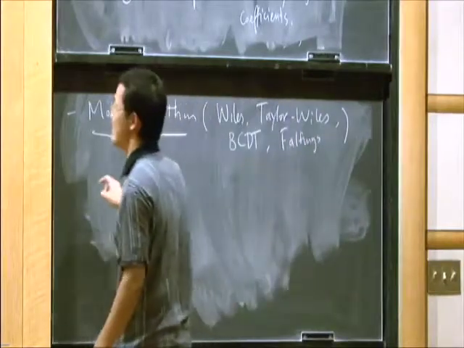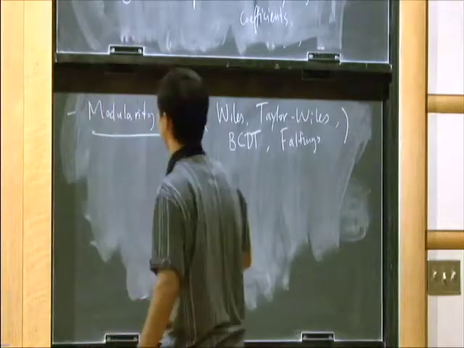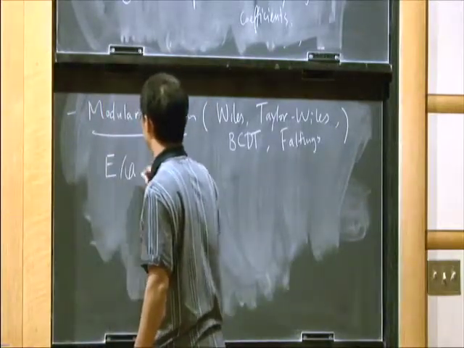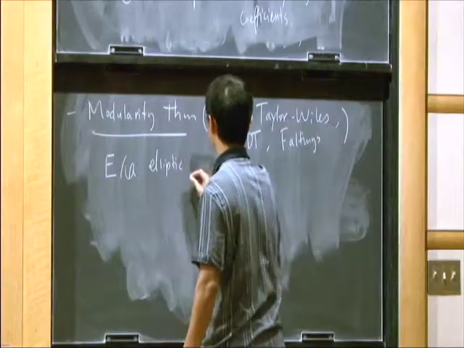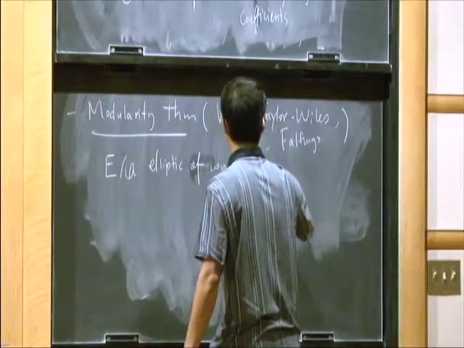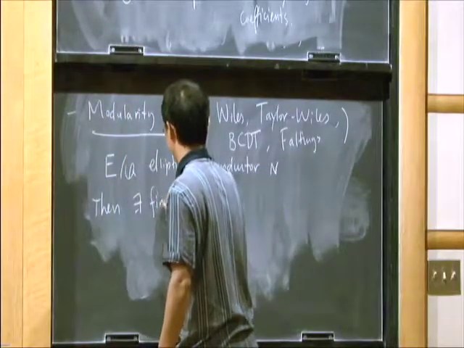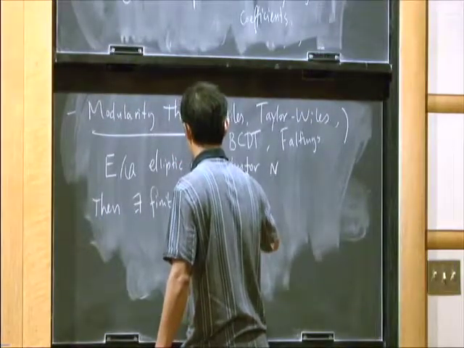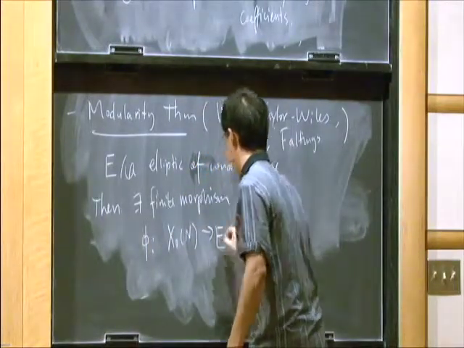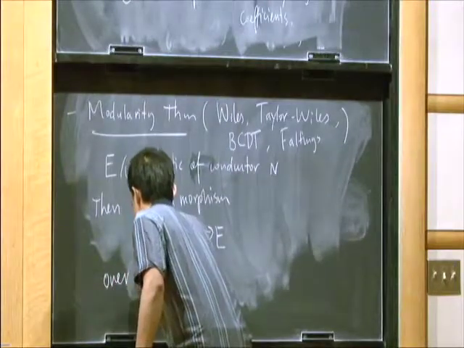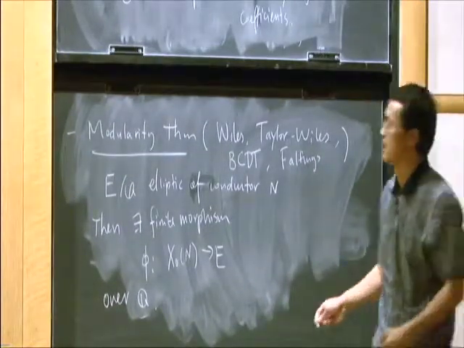The theorem says, if we have E over Q an elliptic curve of conductor N, then there exists a finite morphism phi from X0(N) to E defined over Q. So this is the big theorem. With this theorem, we can move on.